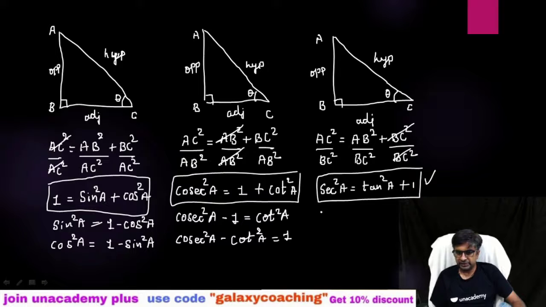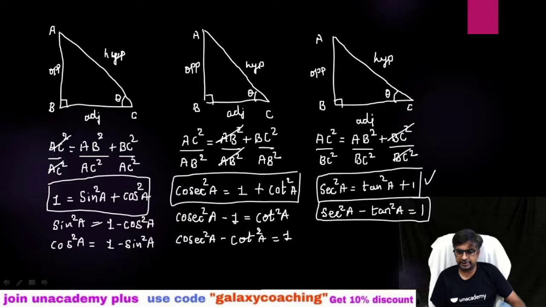Let me show you. Now sec square A, take this tan on that side, sec square A minus tan square A equals to 1. You can see, you can convert 1 into sine square A plus cos square A. You can convert 1 into cosec square A minus cot square A. You can convert 1 into sec square A minus tan square A. So this all 1 is very important, guys.